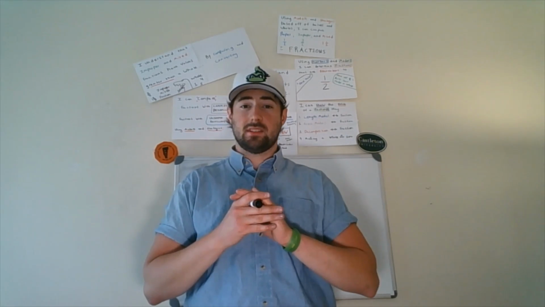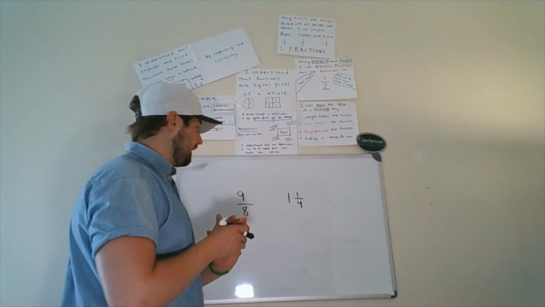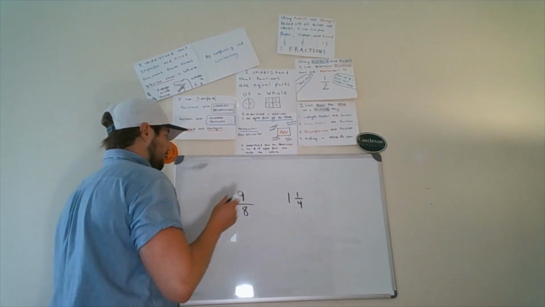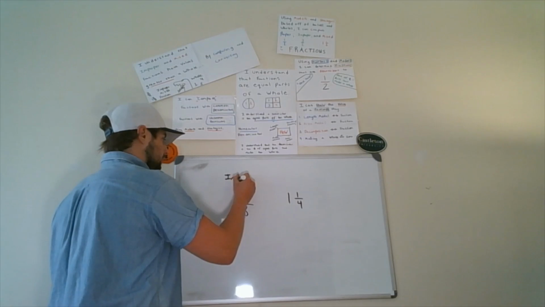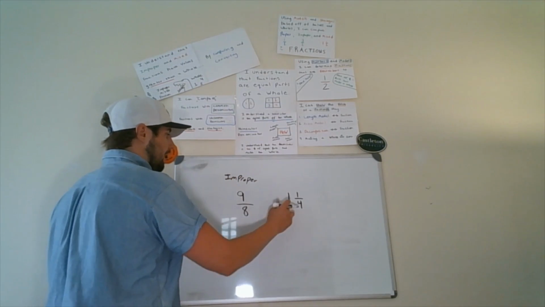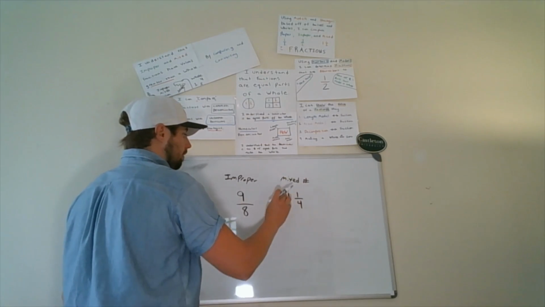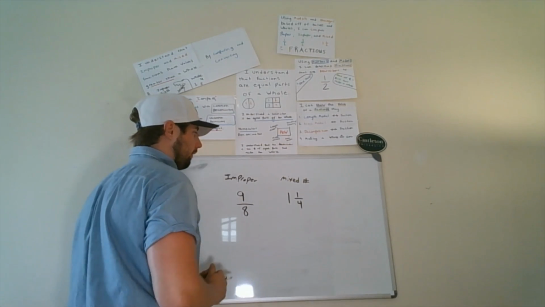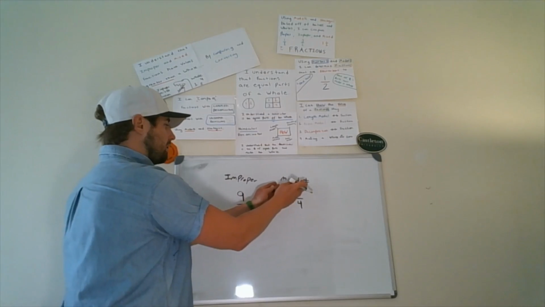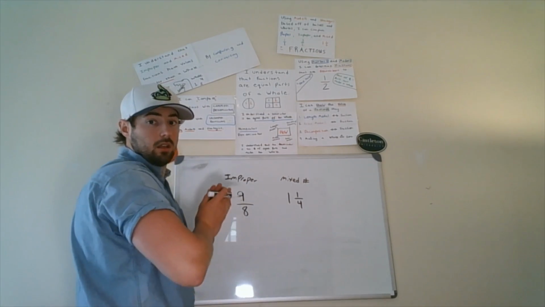Let's take a look at this example again and apply that understanding. I have an improper fraction, 9/8, and a mixed number, 1 1/4. We know it's easier to work and compare with a mixed number.